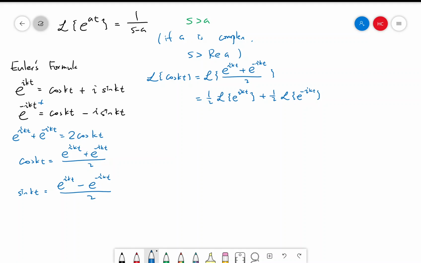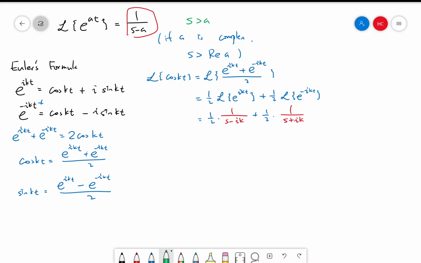And then using the result up here, this is equal to 1/2 times 1 over s minus ik plus 1/2 times 1 over s plus ik.